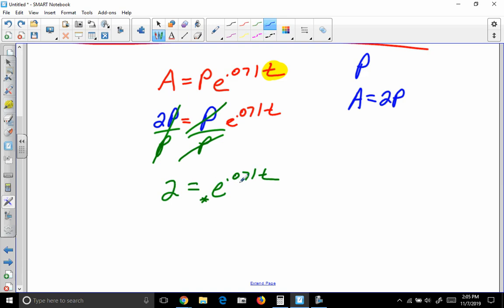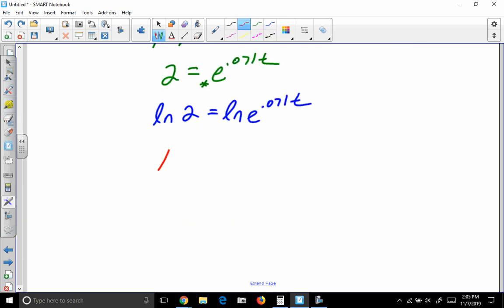Now to get rid of the e, to make t not be in the exponent anymore, we can take natural log of both sides. So natural log base e to a power, those are inverses, so those cancel, leaving us just the exponent.